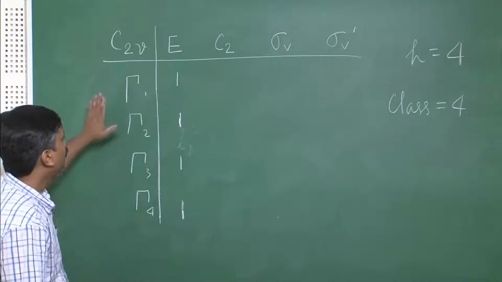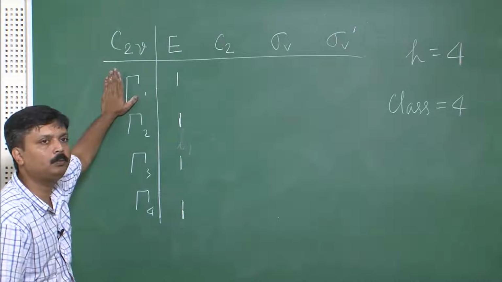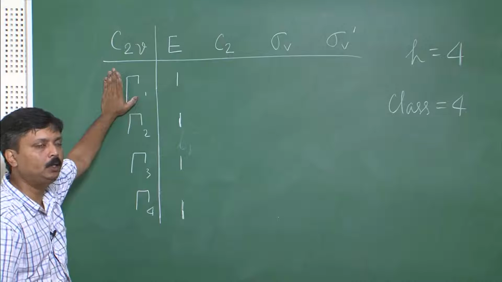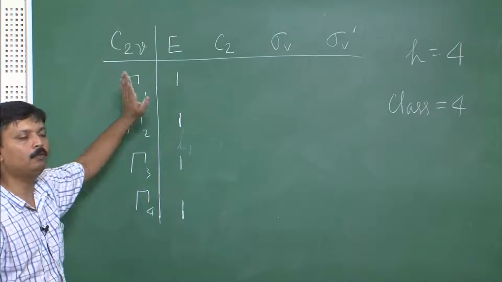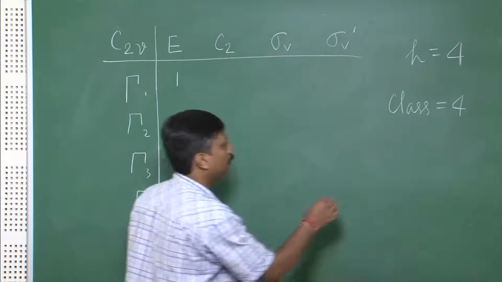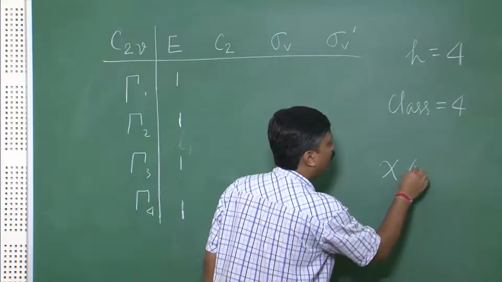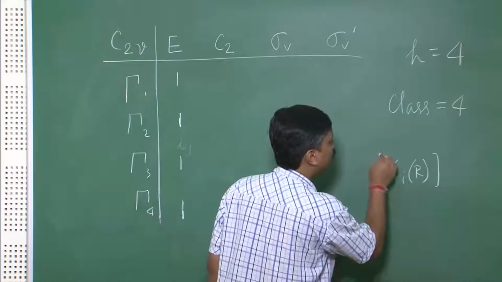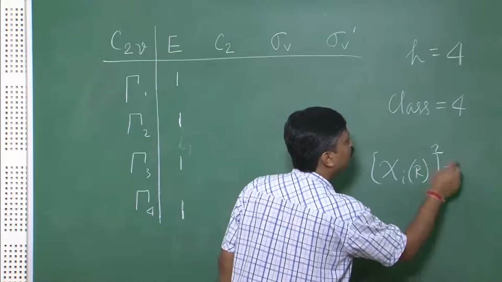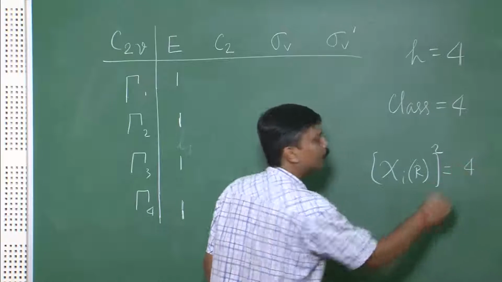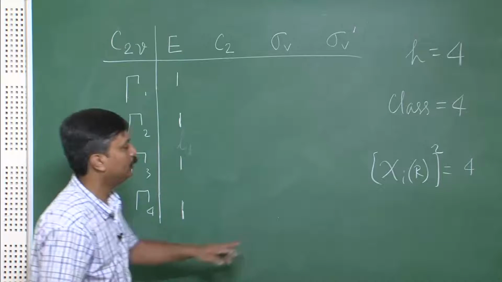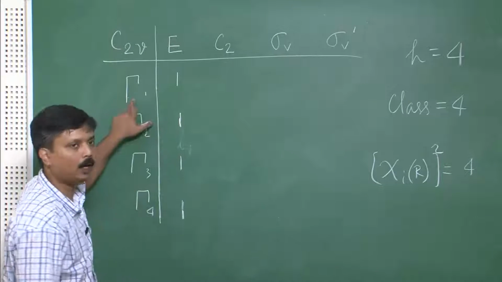Now, the first irreducible representation we can try to find out in a way. If I go to rule 2, which says the sum of chi of R, squared, equals, in our case, 4, and suppose this is my gamma 1.